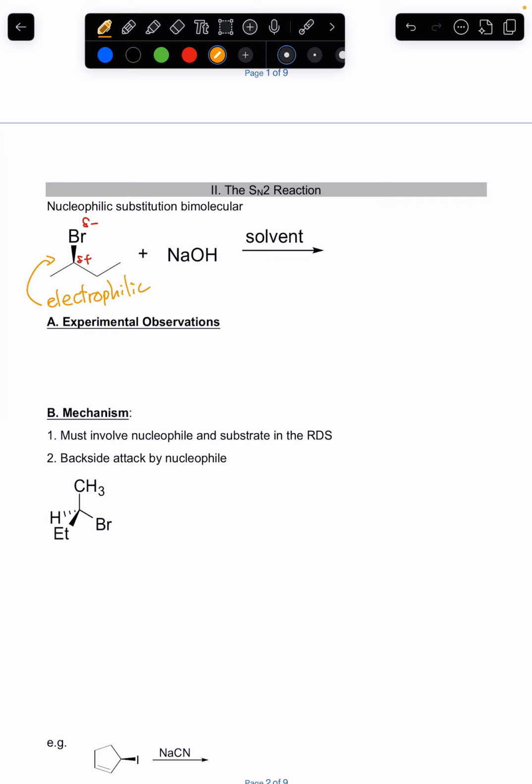By the way, can you name this substrate as a means of review? If you pause the video, this is R-2-bromobutane. Hopefully you remember how to assign R and S. And then it's reacting with sodium hydroxide. You probably learned this in Chem as well, but remember, sodium is almost always just a spectator ion.